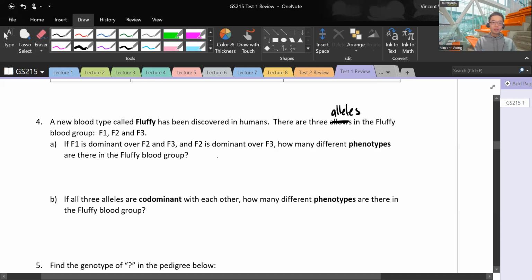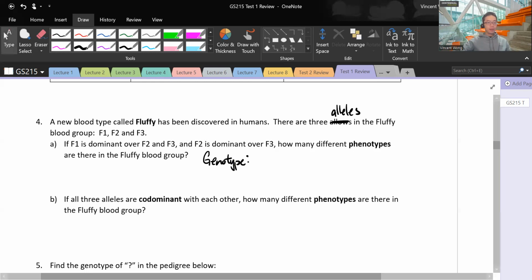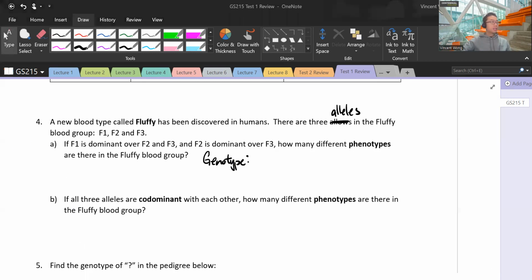So before we do phenotypes, we probably should do genotypes. Okay, so how many genotypes are there? Why don't you take a moment and write out the genotypes? We'll take it up in a second.